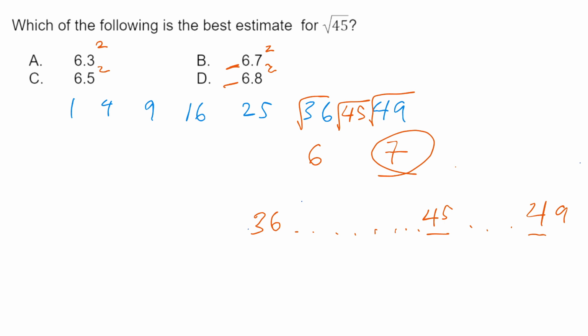Let's try first the 6.8. What is 6.8 squared? It means you have to multiply 6.8 by itself. I'm doing this here for those who are still confused with the multiplication. What is 8 times 8? That is 64. Carry 6 here.